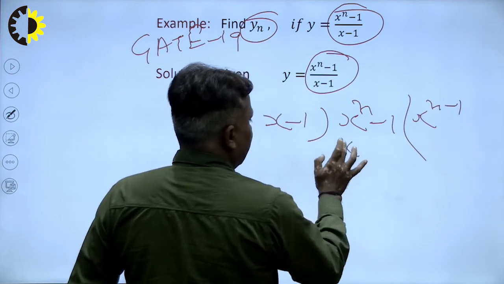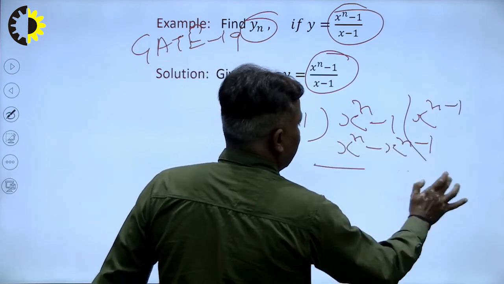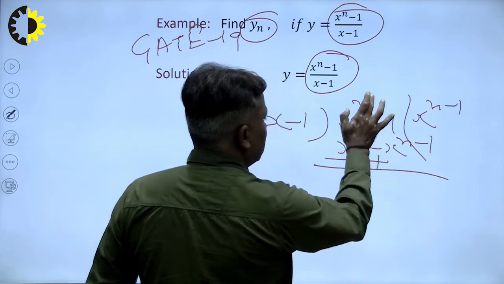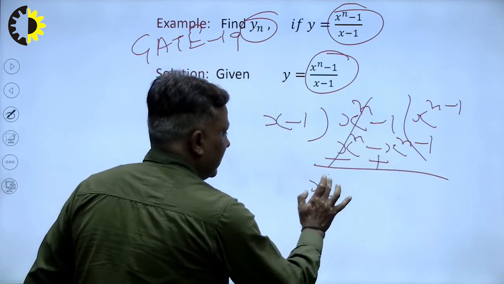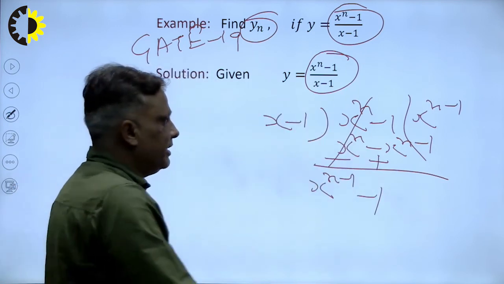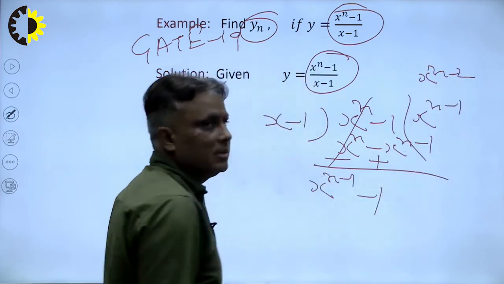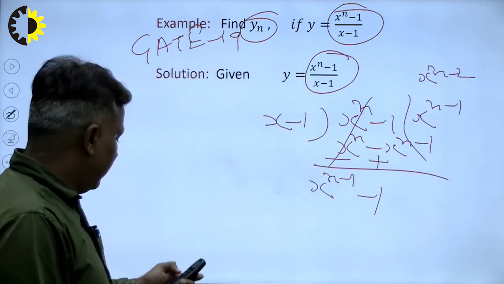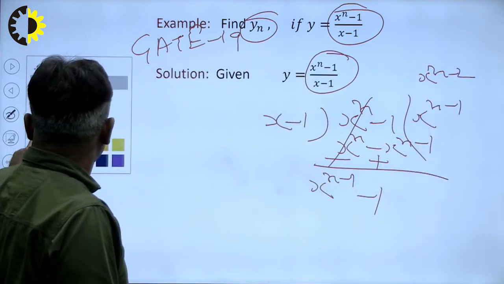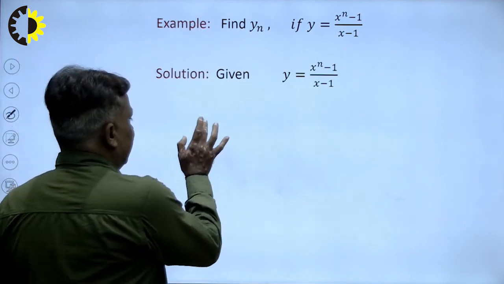So I write here x raised to the power n minus x raised to the power n minus 1, right. This minus and this plus, this cancel out. This will be n minus 1 here, right, and minus 1 here, right. Next time when I divide it, this will be x raised to the power n minus 2 here, right. So in this way when we divide our problem, we use a different polynomial.